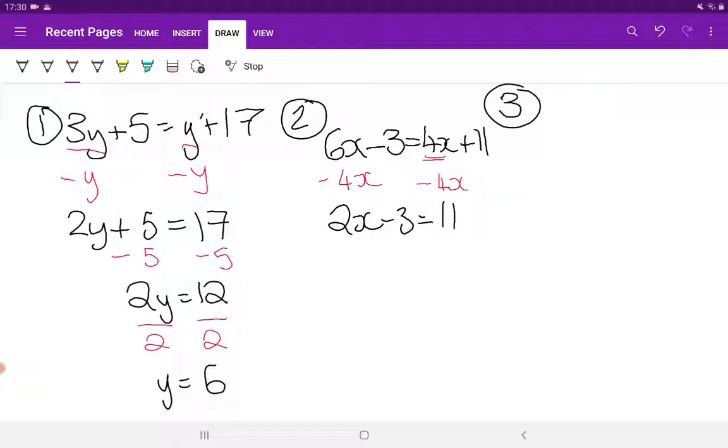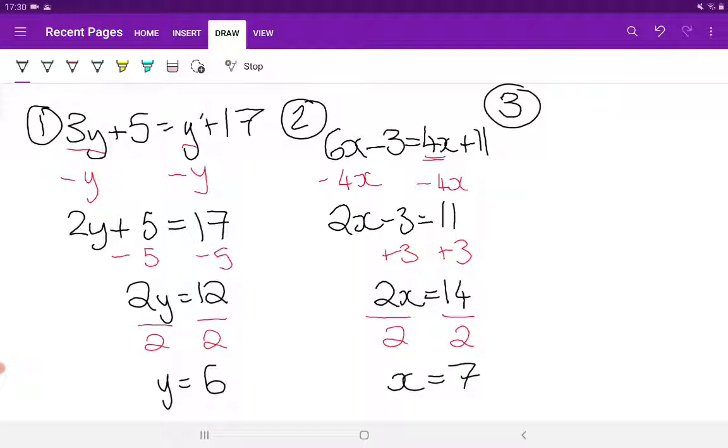From there, that minus 3 is what we want to change. So we're going to add the 3 because that's the opposite. So we get 2x equals 14. And then the final step, 2 times x, so we do the opposite. We divide by 2 to give x equals 7.